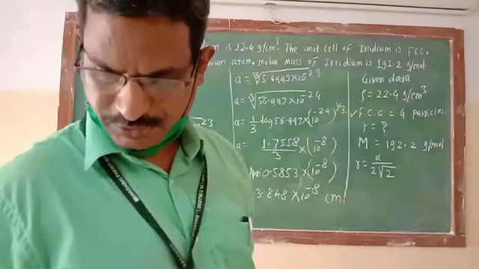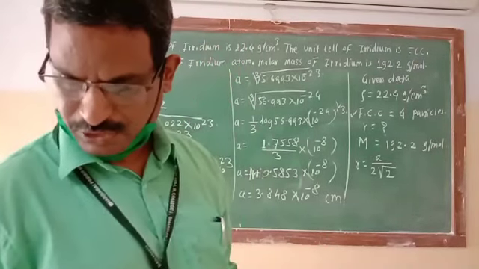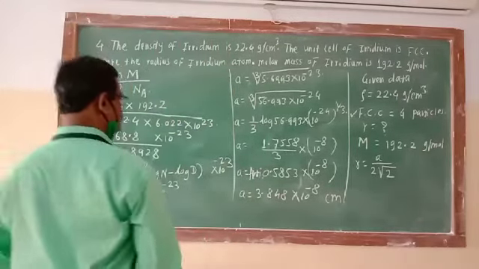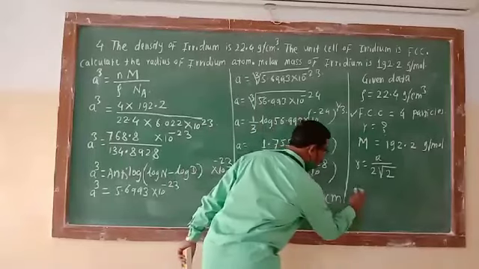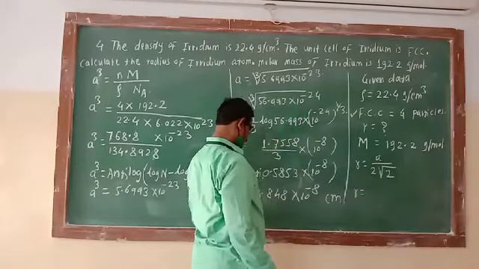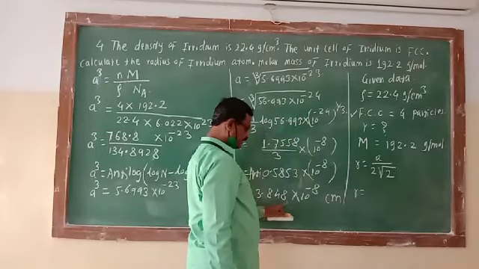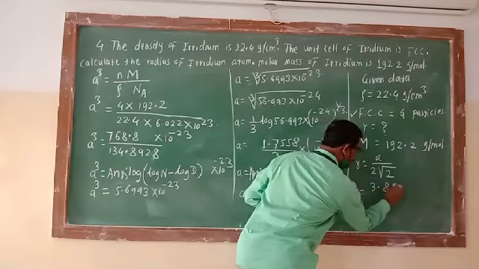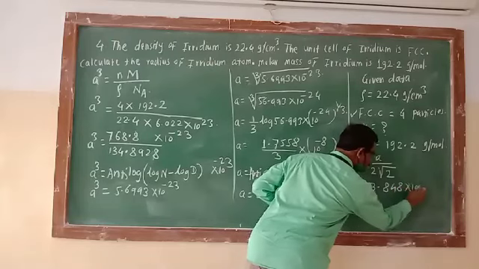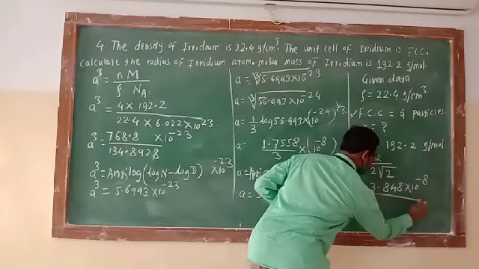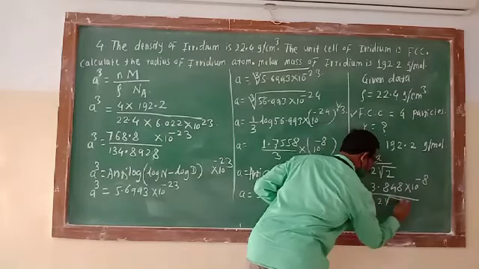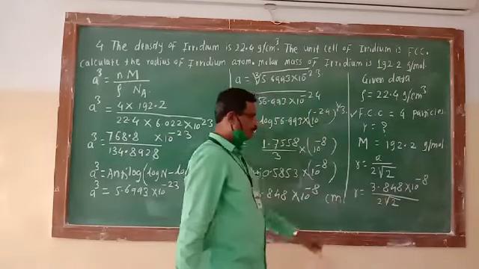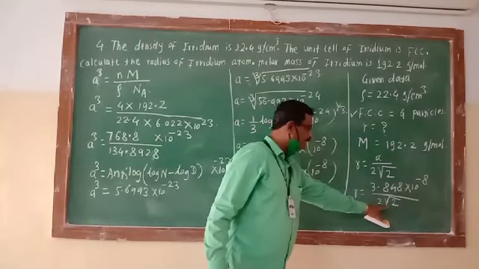Or if we substitute directly the value of A, we can calculate the radius like this. R is equal to, what is the value of A? 3.848 into 10 raised to minus 8 divided by 2 root 2. Now what is the root 2? That we have to substitute here.